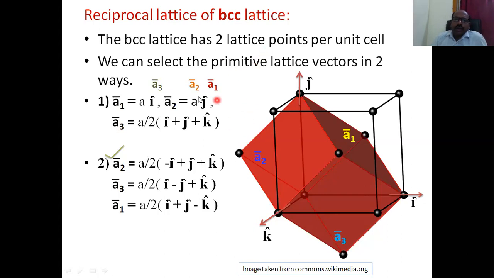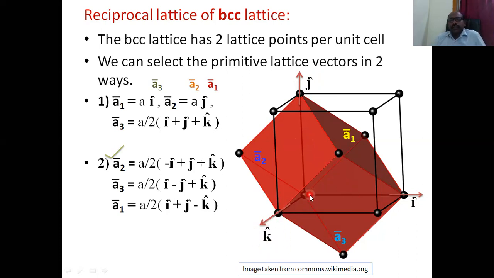Okay, right. So this point is the origin, and this is the x-axis, which I identify with i cap. This is the y-axis, identified with j cap, and this is the positive z-axis, represented with k cap, right?